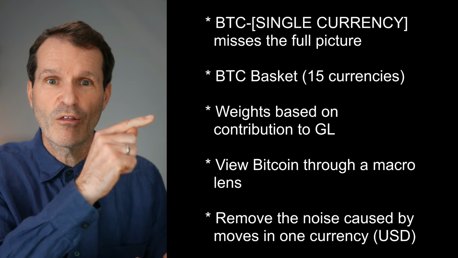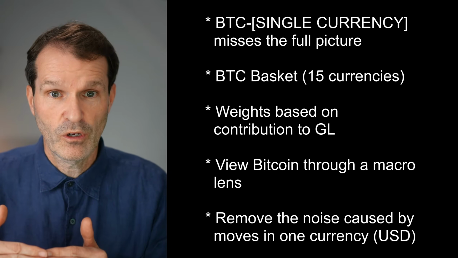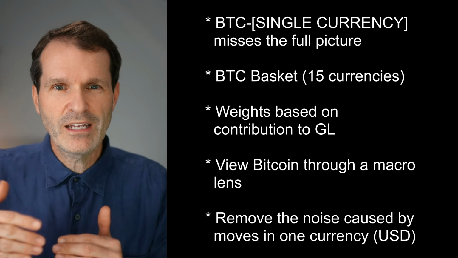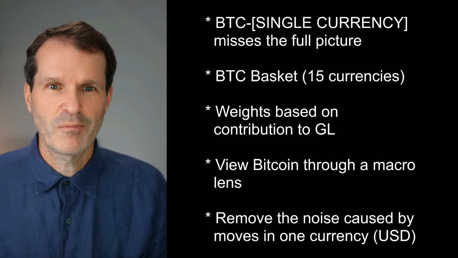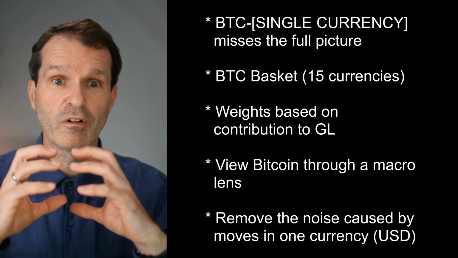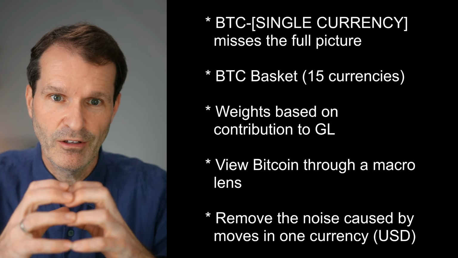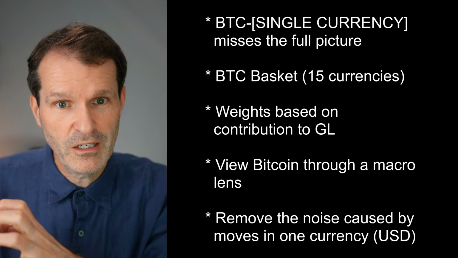Therefore, using the weights of each country's specific influence on global liquidity to weight the Bitcoin currency pairs in that basket will give us a much more global perspective on the value of Bitcoin related to the impact of global liquidity from that country.